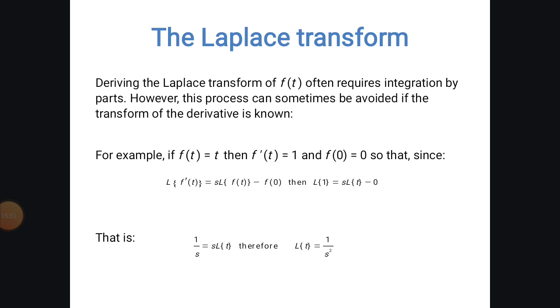Since Laplace of f'(t) is s times Laplace of f(t) minus f(0), Laplace of 1 is equal to s times Laplace of t minus 0. We can use the derivative directly. Therefore, 1/s is equal to s times the Laplace transform of t, that is, the Laplace transform of t is 1/s squared. You can use derivatives first and then you can use the formula of Laplace.